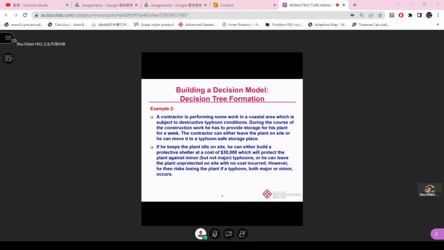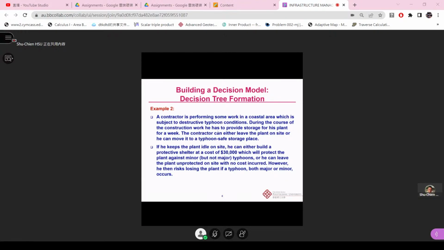So the contractor can either leave the plant on site, or he can move it to a typhoon-safe storage place. Now, from the first paragraph, you should already notice that there are two decisions the contractor can select: whether he wants to leave the plant there or move it to a typhoon-safe storage place.